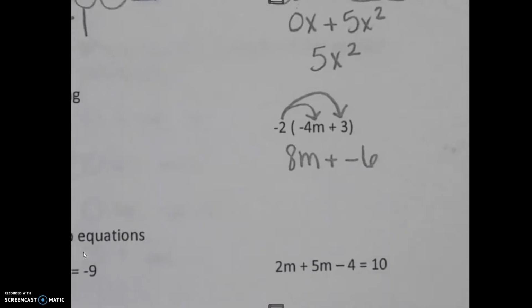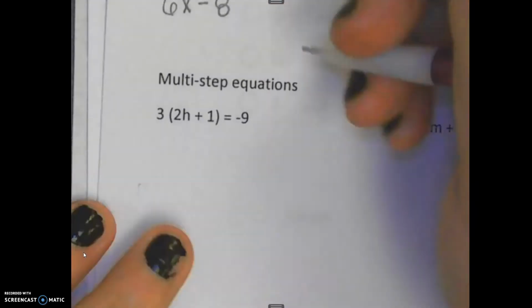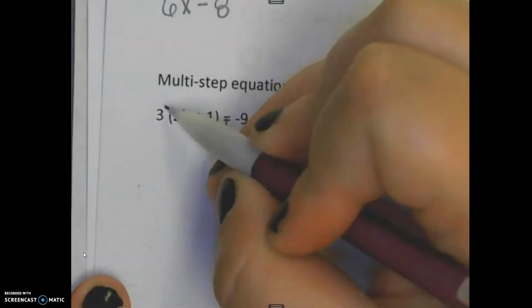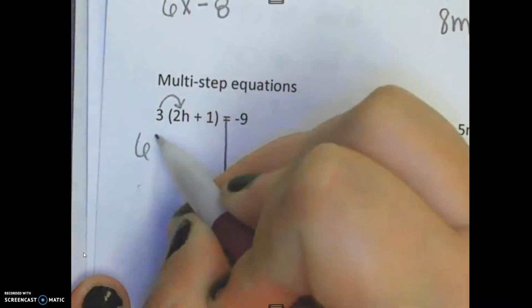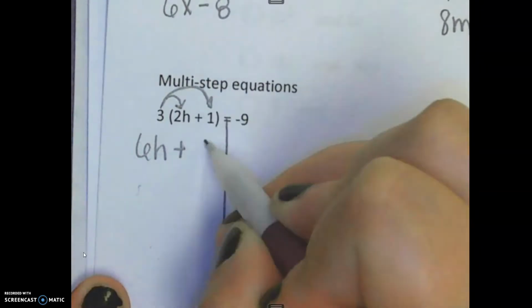All right, and then the last part is multi-step equations. And by multi-step, I know that it's going to take multiple steps. So the first question I always ask myself is, are there parentheses? In this one, there are. So I'm going to do 3 times 2h, which is 6h, plus 3 times 1, which is 3.